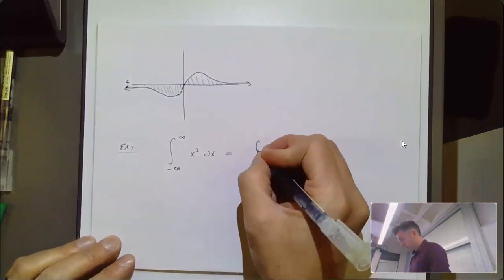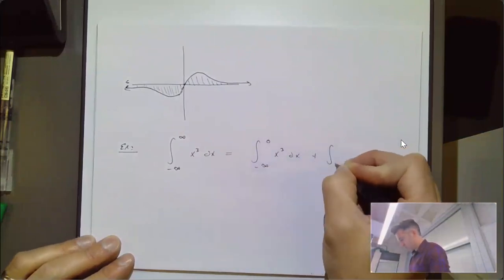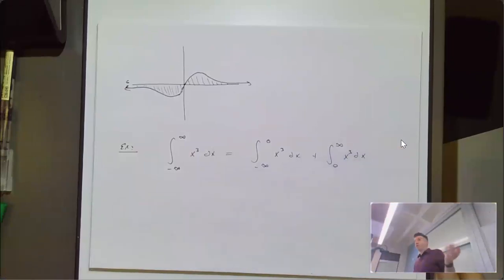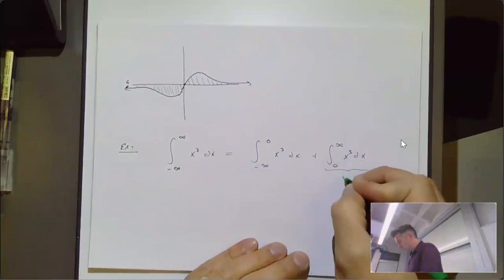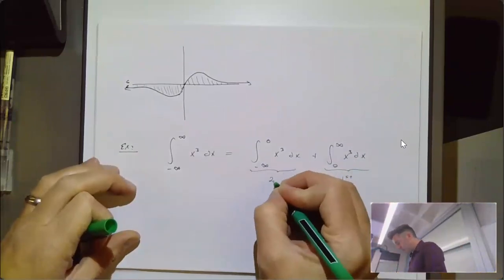We're going to break it up. And like I was saying last time, what you should actually do when you break an integral is treat each piece separately. So I'm going to deal with this piece first. If it diverges, we're done. The whole thing diverges. If it doesn't diverge, then we'll deal with this piece second.